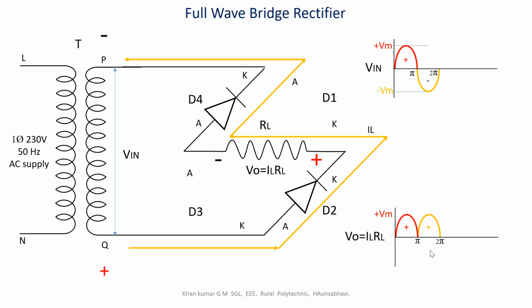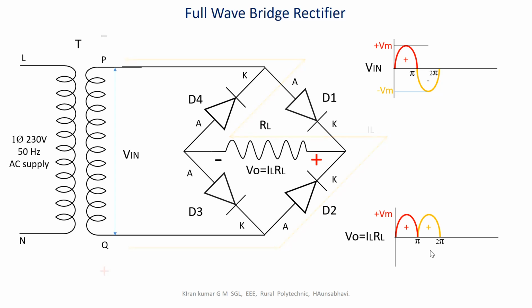Due to the configuration of connection of these 4 diodes with the load resistance, it is called a full wave bridge rectifier. Now in the subsequent input cycles of the AC, the outputs are similarly carried out and the outputs can be observed like this as seen in the graph here.